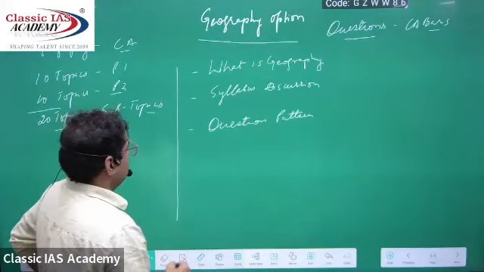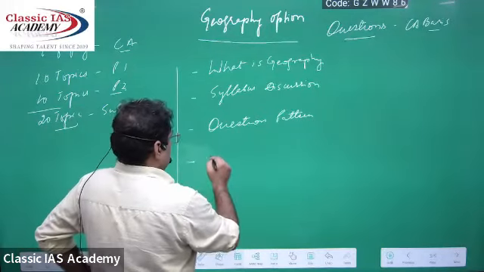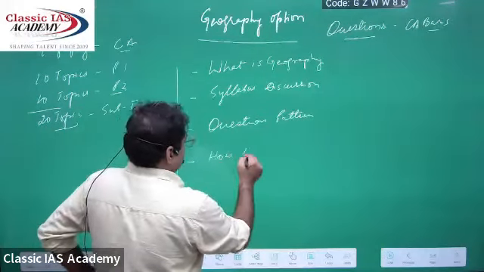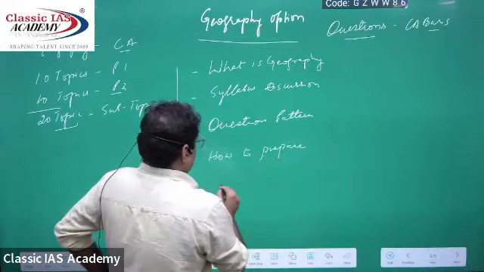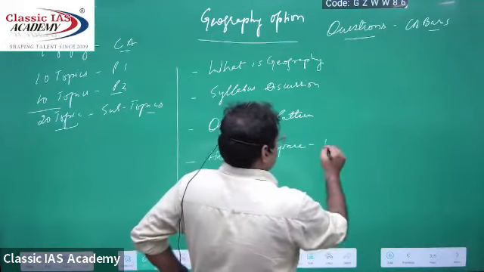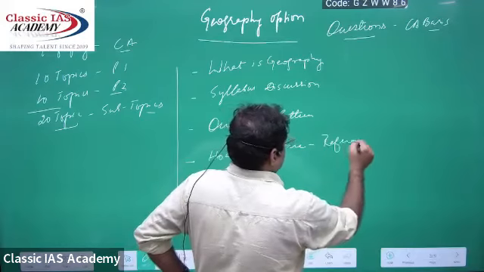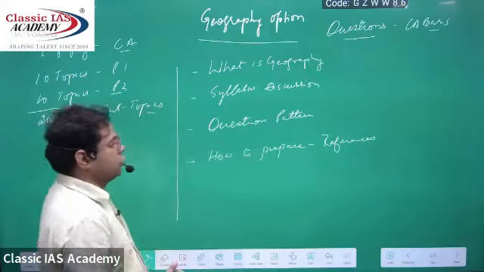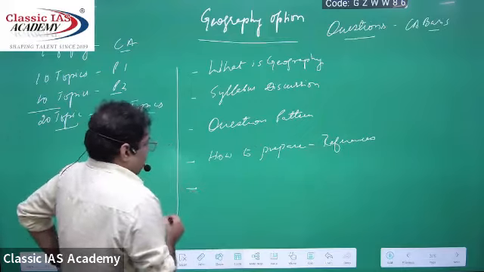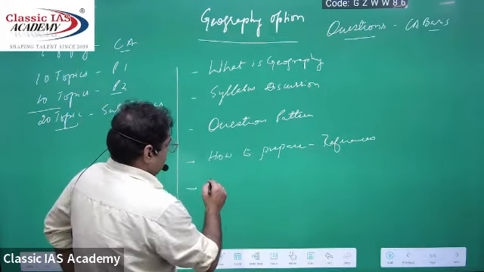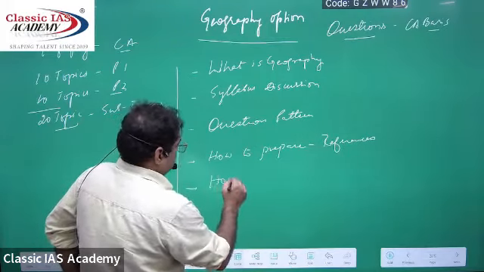And also we will discuss how to prepare. Along with that, we will go for the references. References means which book is good or not. Then after, we will go for how to handle geography.